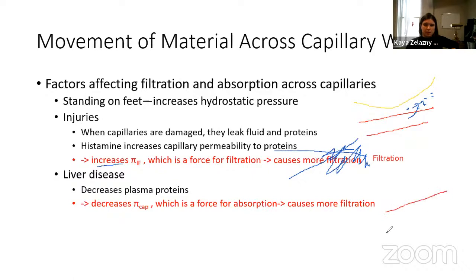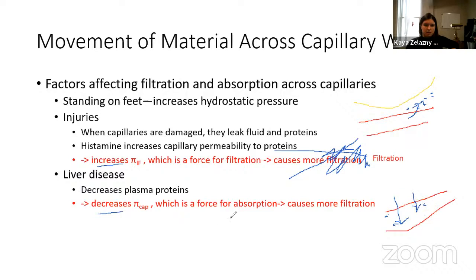New diagram. We now have fewer proteins here than we used to. In our original state, we had a big pull towards those proteins, a force for absorption. Now, at our second time point after liver disease, we're having less of a pull.